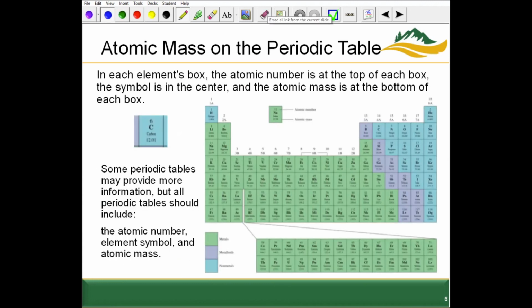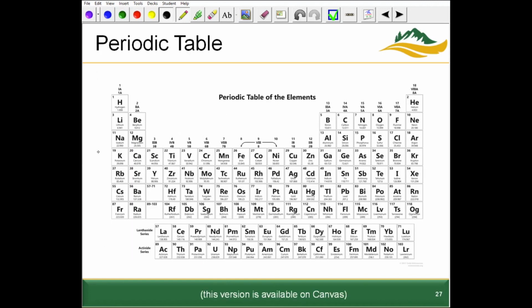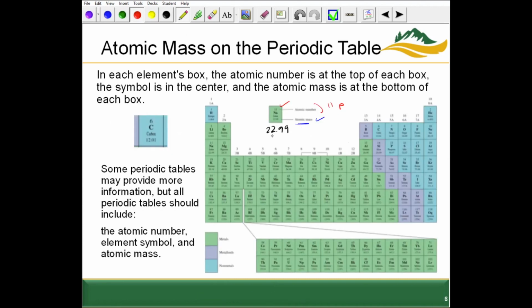So what we see on the periodic table is an atomic number and an atomic mass, the average atomic mass. For the atomic number, we know now, even for isotopes of sodium, they will always have 11 protons. It was hard to see exactly in that last image, but sodium has an average atomic mass reported at 22.990. That would mean a fairly large portion of all the sodium that exists naturally has an atomic mass of about 23.